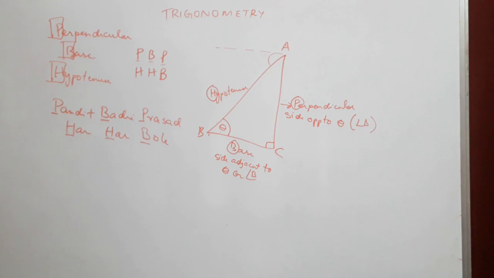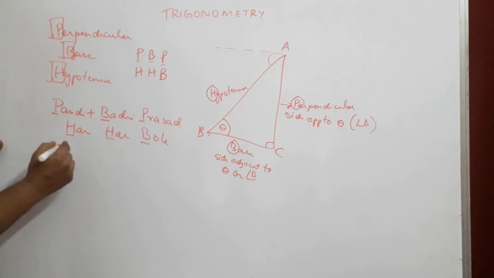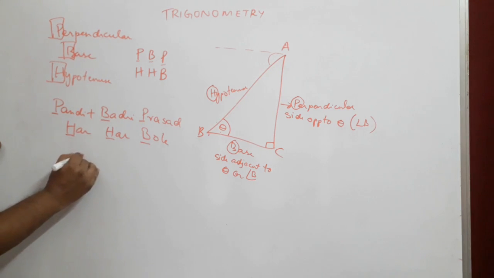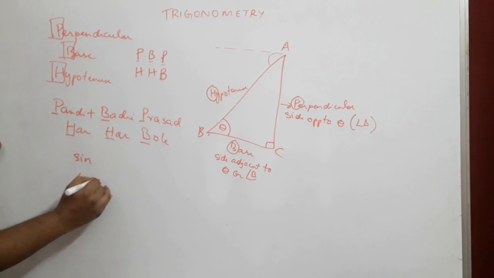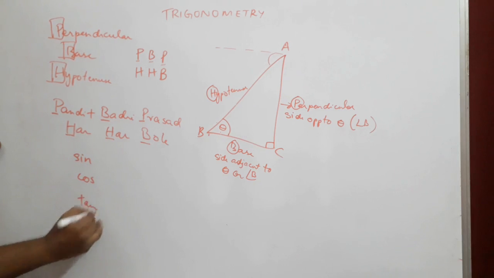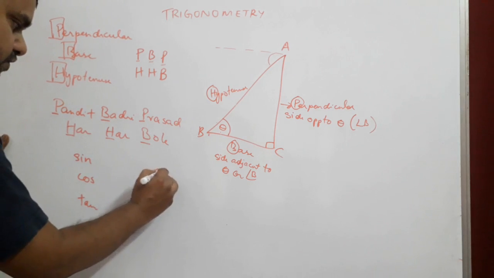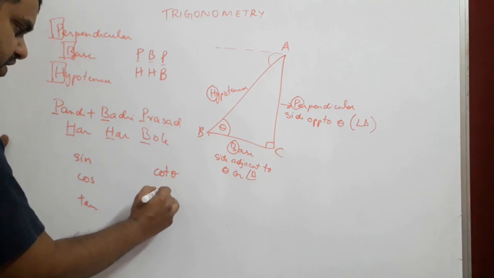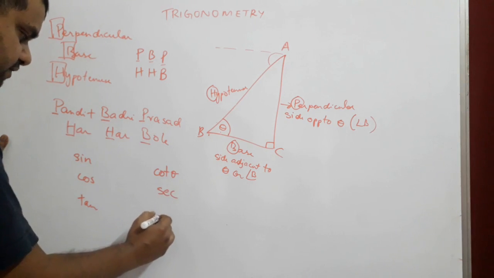Yes, we need him to make our trigonometry very, very easy. So let us see how he makes our life easy. So let me write down all the important ratios. Sine, we have cos, we have tan. Then we have cot, we have sec, and we have cosec.